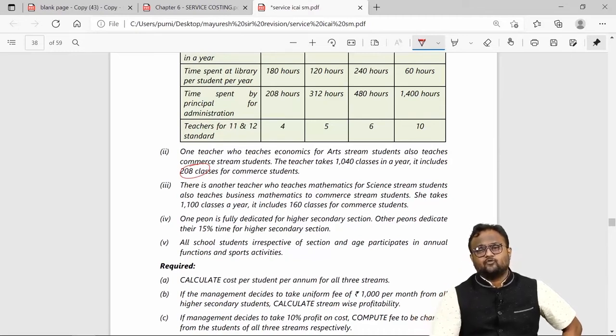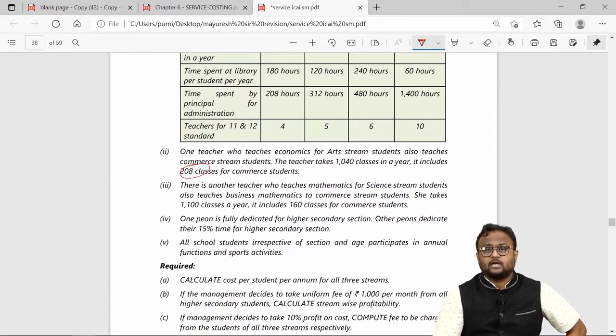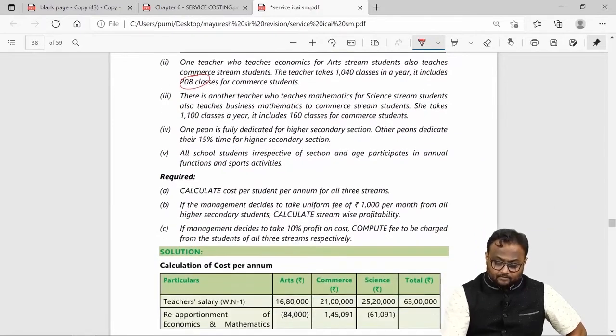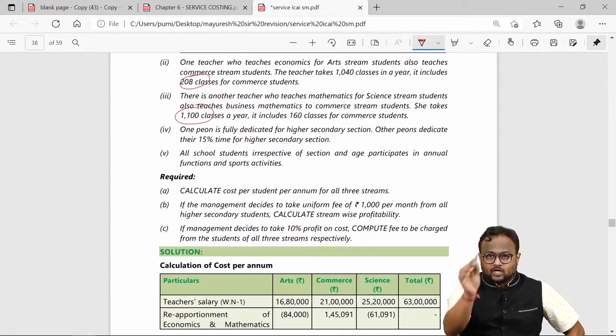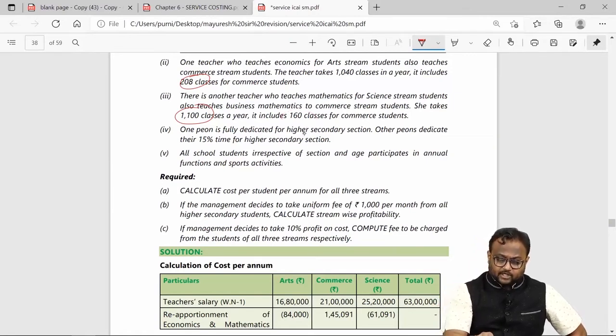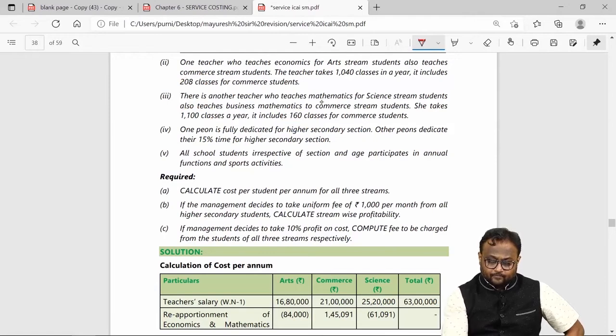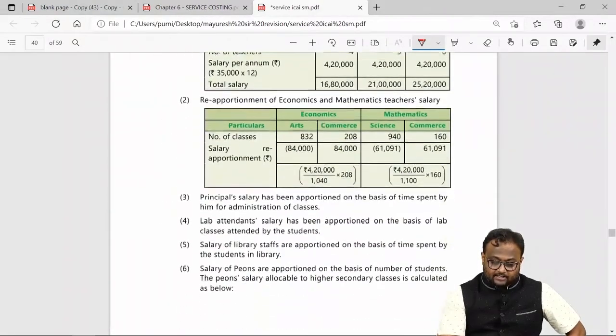Multiply by 208 will give you the amount which is to be subtracted from arts and added to commerce. Similarly, in the second calculation, the teacher has taken 1100 hours. So total remuneration of teacher will be divided by 1100 classes. You will get cost per class, which will be multiplied by 160 and that will be subtracted from science and added to commerce. So basically it goes like this.